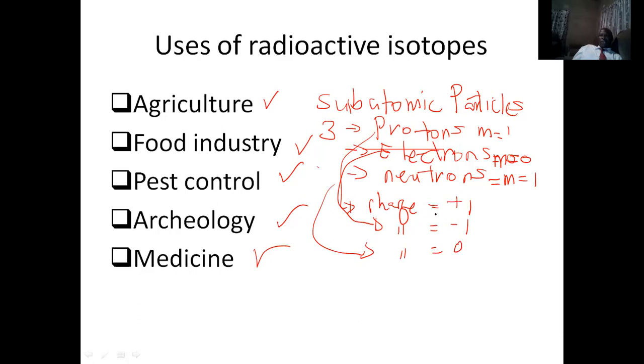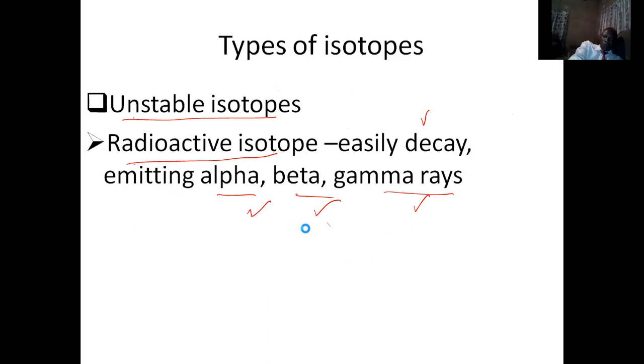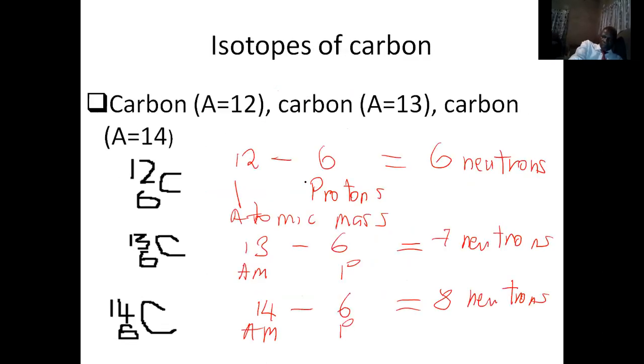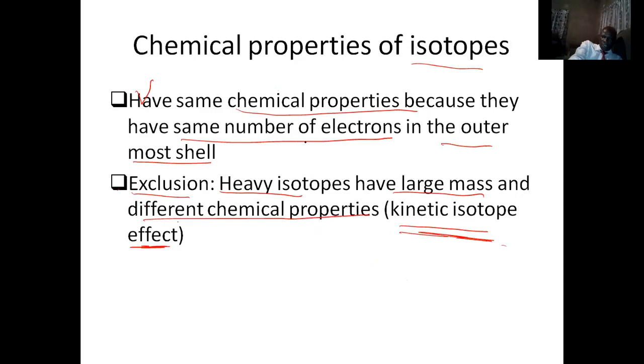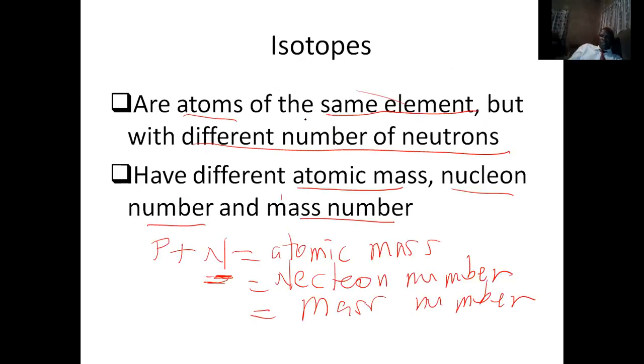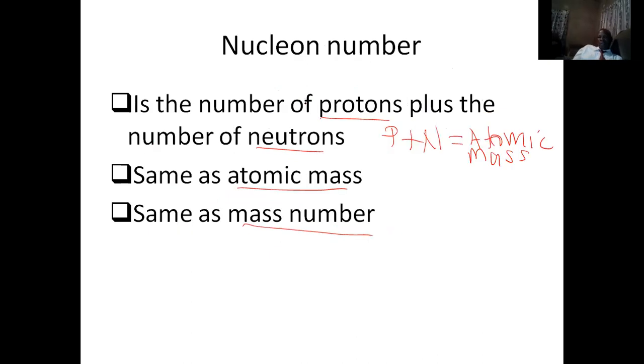And we said the protons are found in the nucleus and the electrons are found around the nucleus in shells, while the neutrons are found also in the nucleus. And then from there we looked at the isotopes, and we said isotopes are atoms of the same element, but with a different number of neutrons. That's what we said. And so generally today, we looked at isotopes and the subatomic particles.